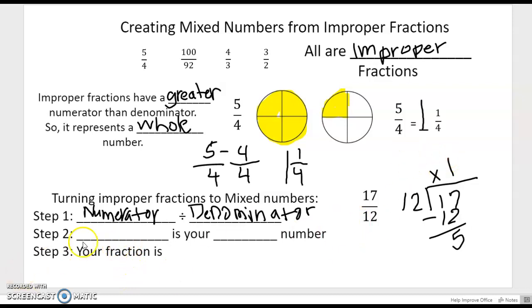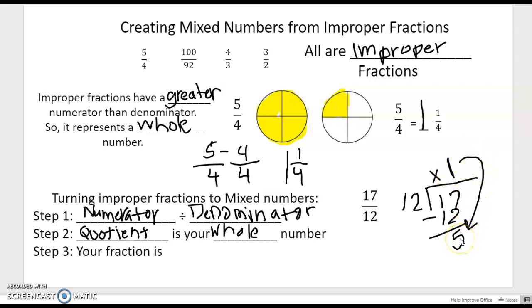So my quotient is the whole number. So I have a whole 1. And your fraction, so this is my whole number.